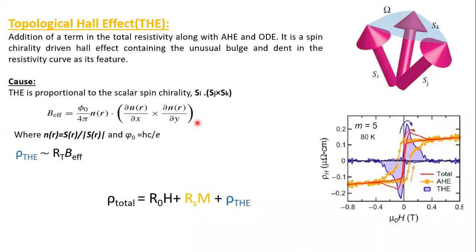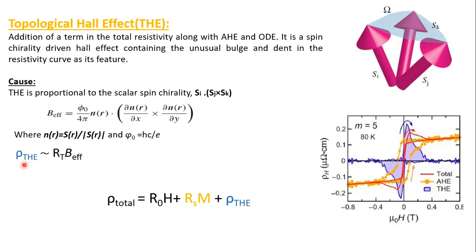When we have a spatial variation of the spin direction in our system, we will get a non-zero value of the B effective field. This B effective field is completely intrinsic, or rather it is called the intrinsic magnetic field. Obviously the magnetic field will contribute to the resistivity as the topological Hall effect.